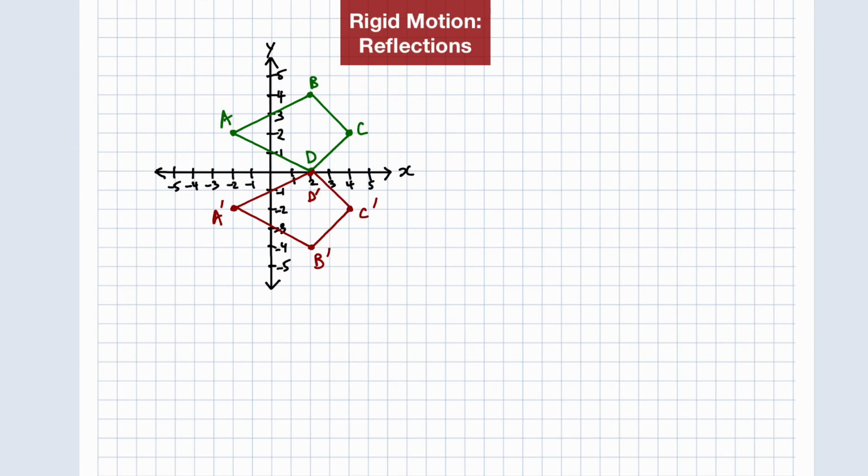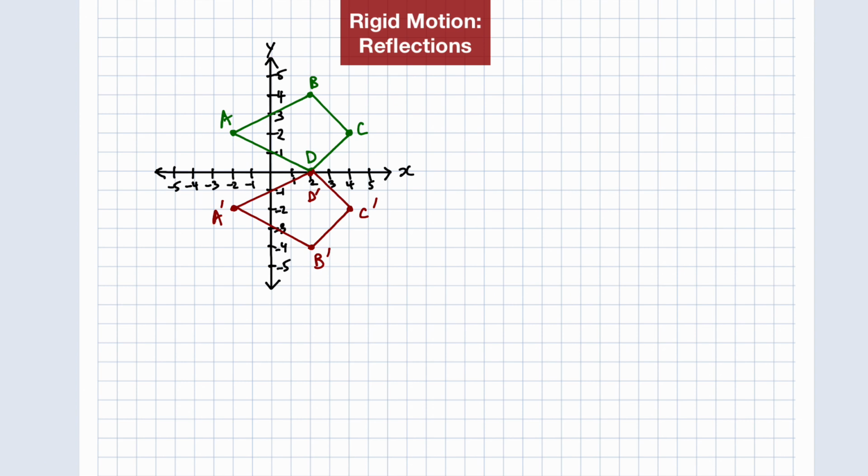Let's look into what's happened a little bit deeper and compare the coordinates and see if we can find a pattern and maybe find some sort of way to reflect points or objects a little bit faster than having to count all of these intervals.